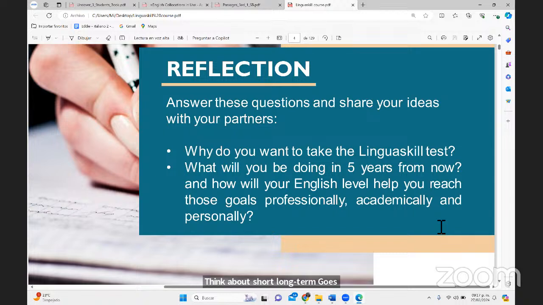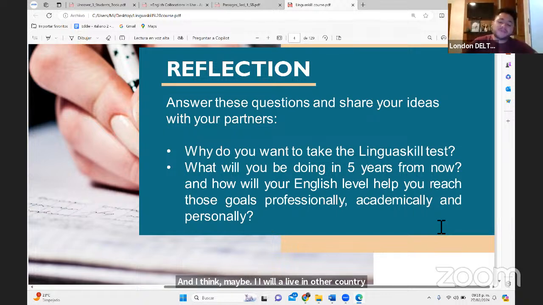The first question, to get better opportunities in jobs. And the second question, I think that in 5 years, maybe I will work in some company like Ford, and I think maybe I will live in another country.